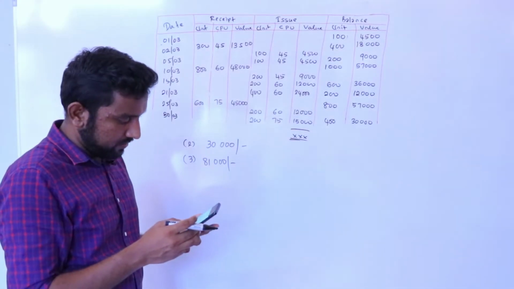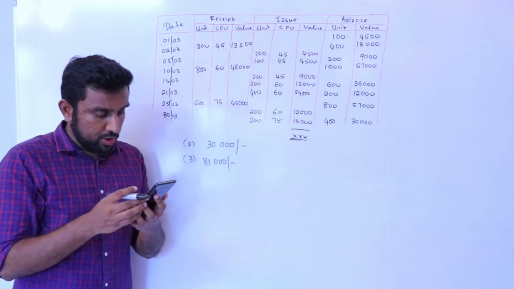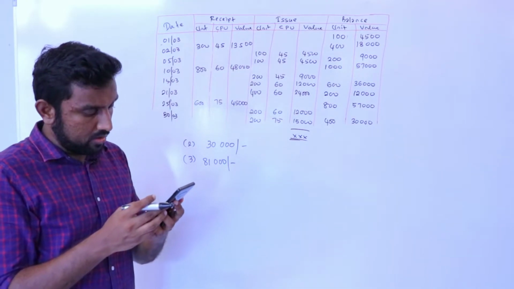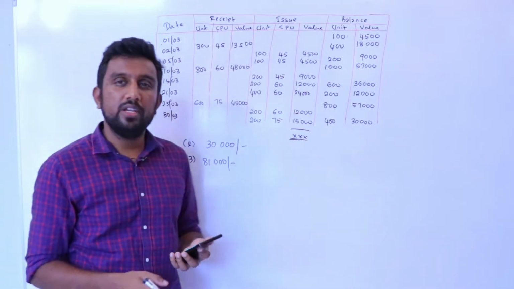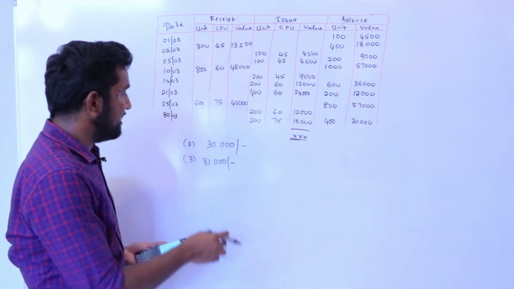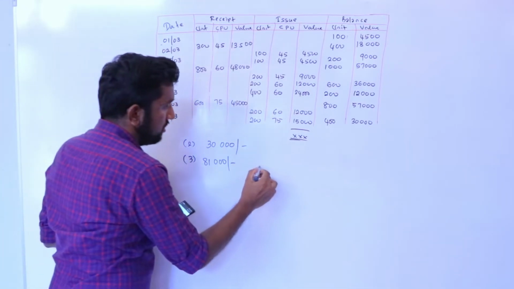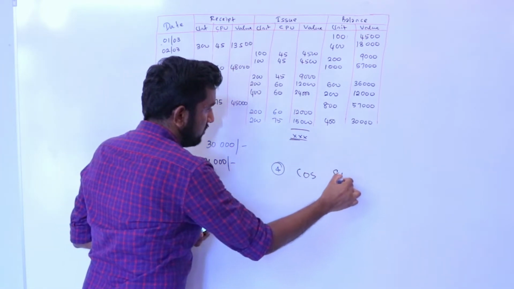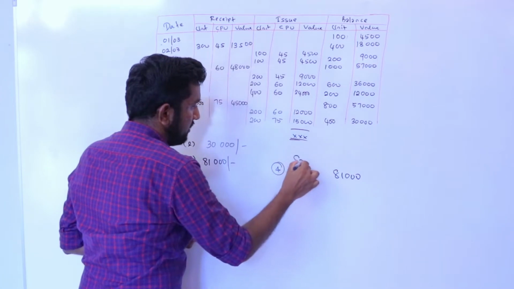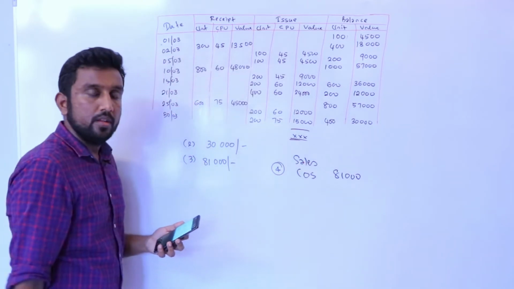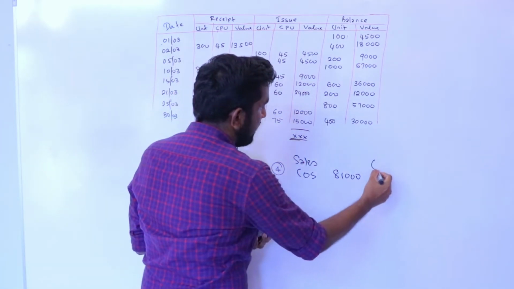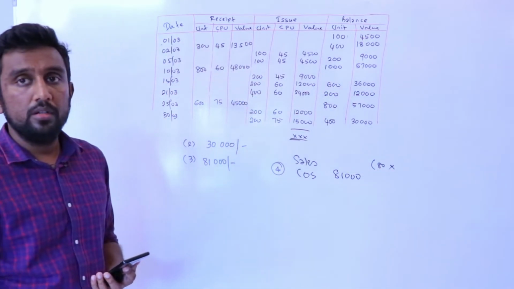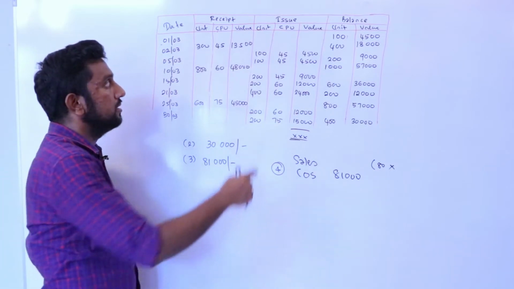And next question. Gross profit, if all the stocks mentioned above will be sold at the price of 80. So your cost of sales is 81,000. So you have to find the sales. They are selling at 80 rupees. And what is the quantity they sold? In this question, sales is the issue.